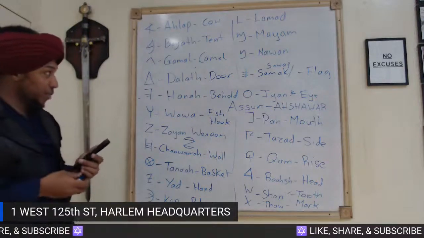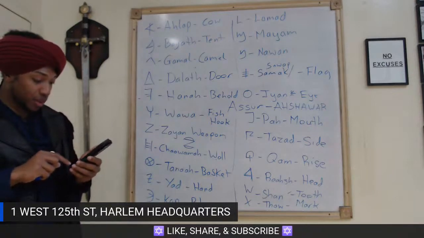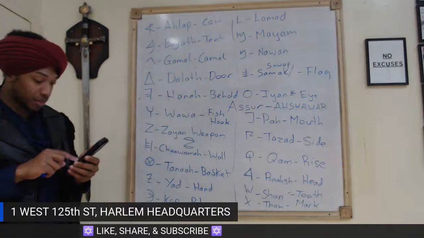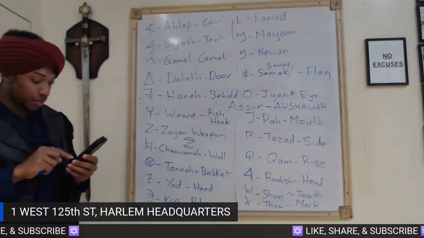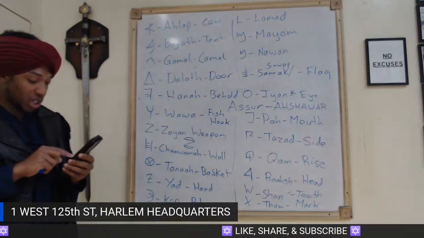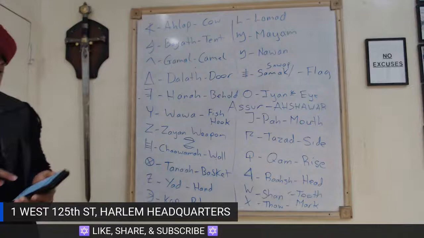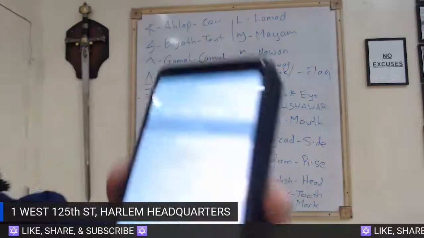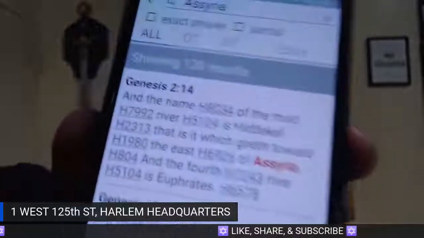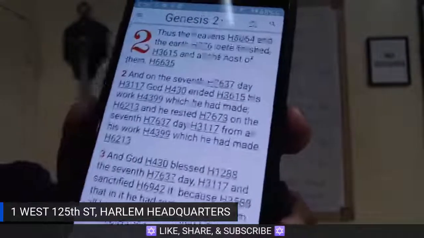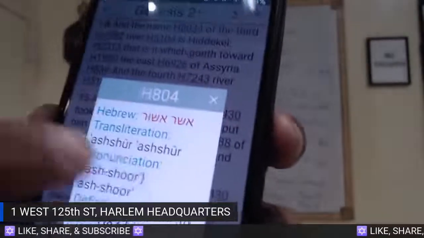Concordance code 804. So you could just put Assyria in there, right? And I believe the same word comes up in the concordance. Assyria. Okay. So I go on my Bible app. Alright. And you got Assyria there. Got 804. When you go to 804 right here for Syria, it's Ashur War.